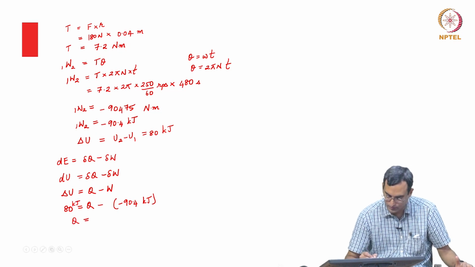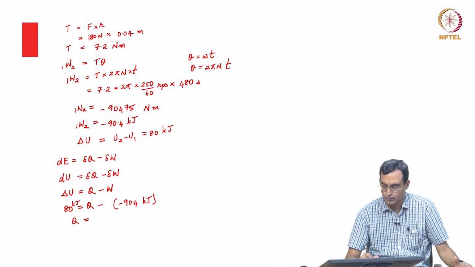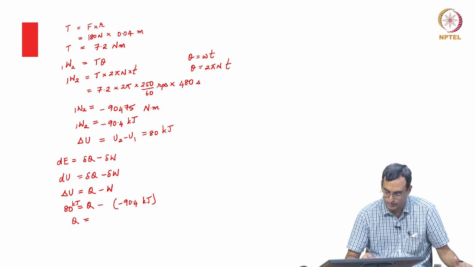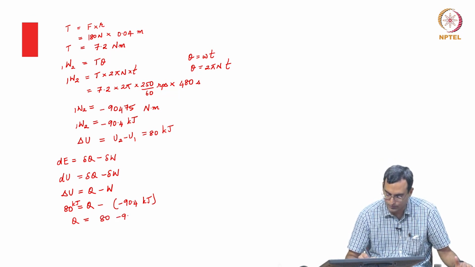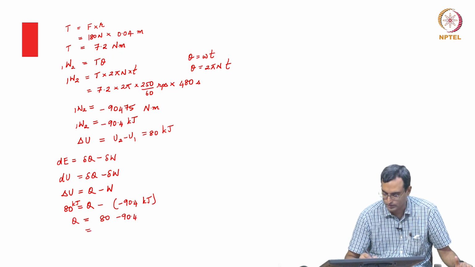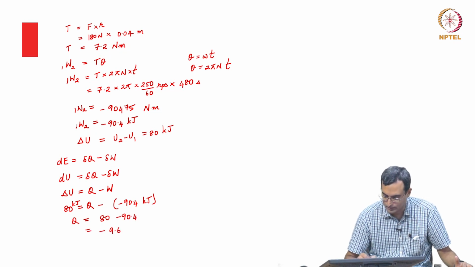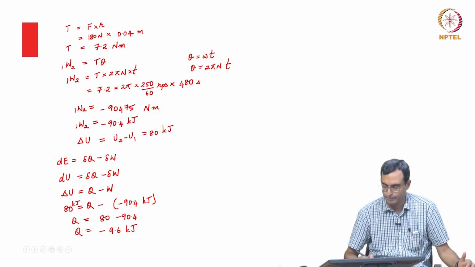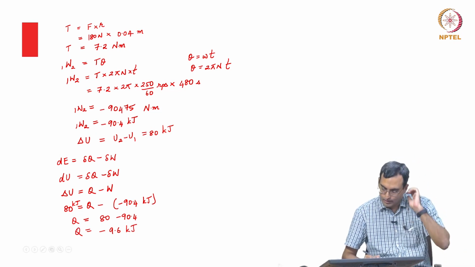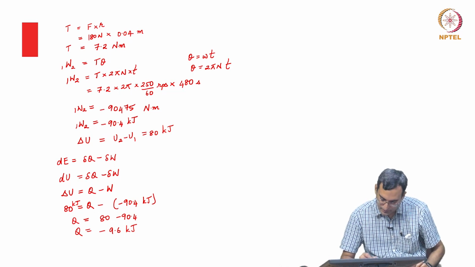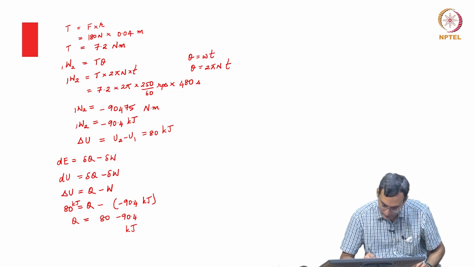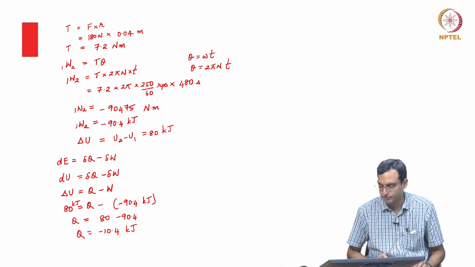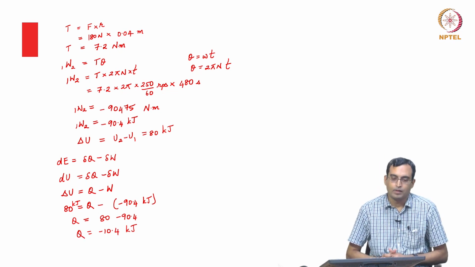So I can find out Q, which in this case is 80 minus 90.4, which is minus 9.6. Sorry, it's 90.4 and 80, so it is actually 10.4. Yeah, minus 10.4 kilojoule.